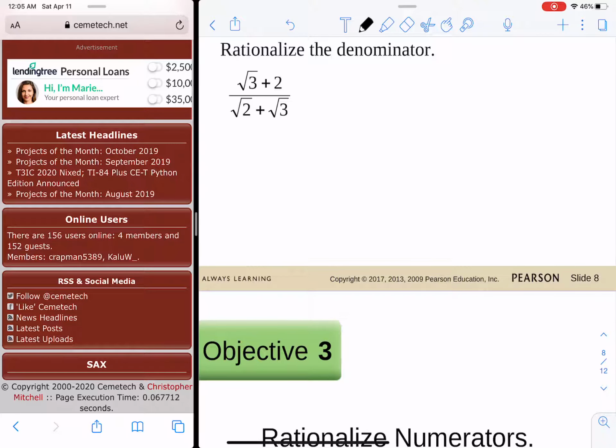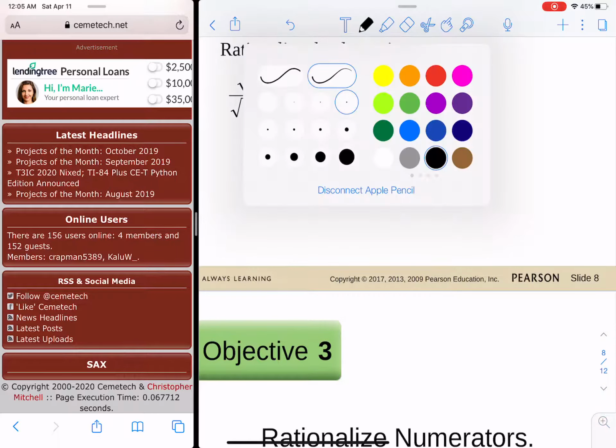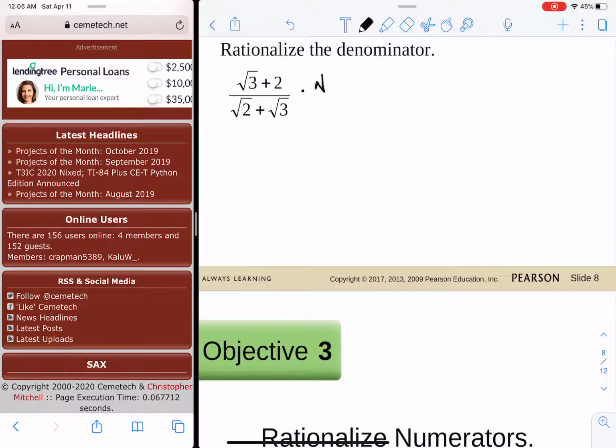We want to rationalize the denominator again. So the conjugate of the denominator is root 2 minus root 3 divided by root 2 minus root 3. So the numerator becomes square root of 3 plus 2 times square root of 2 minus square root of 3.